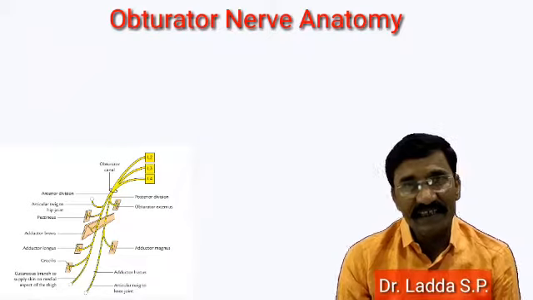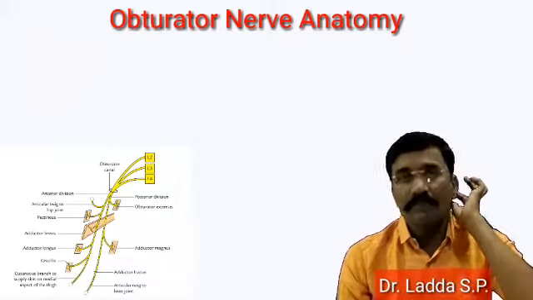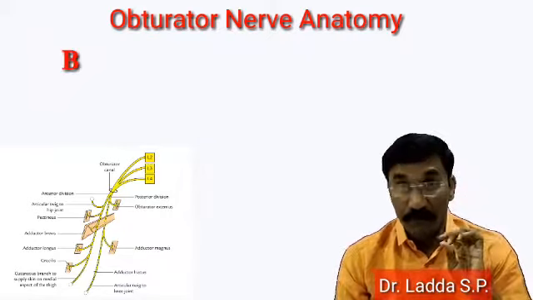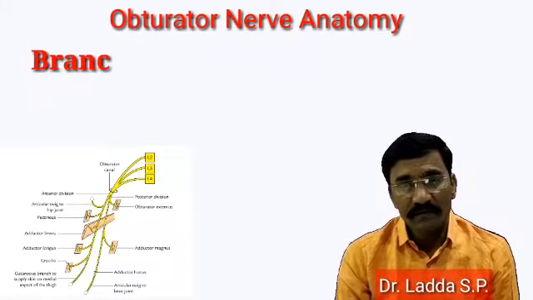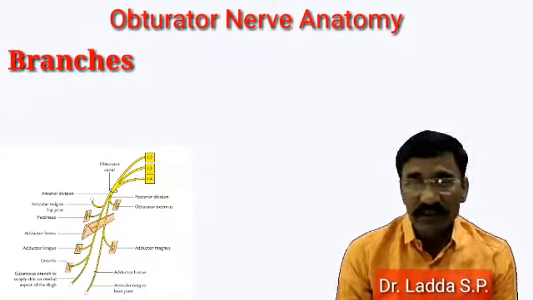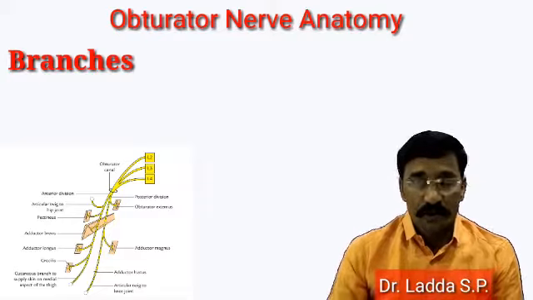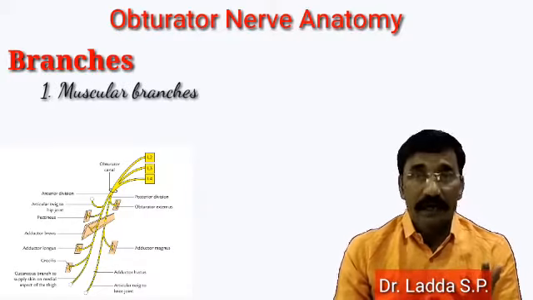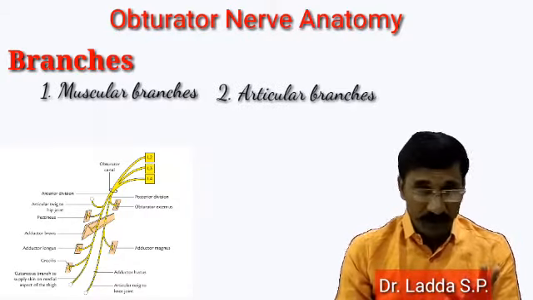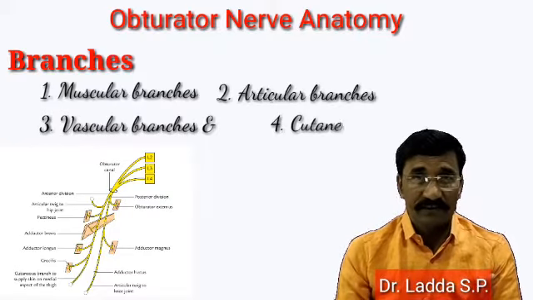The next heading of this 10-mark short note is the branches of obturator nerve. The obturator nerve gives muscular branches, articular branches, vascular branches and cutaneous branches.